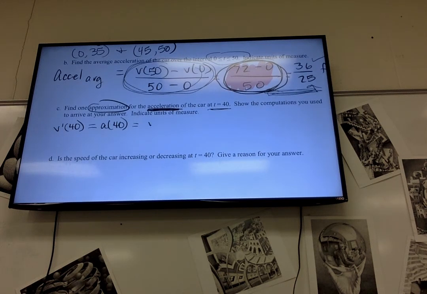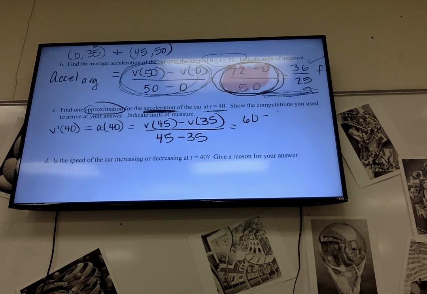So it's going to be v of 45 minus v of 35 over 45 minus 35. V of 45 is 60. And v of 35 is 81 over 10. So that right there is fine.